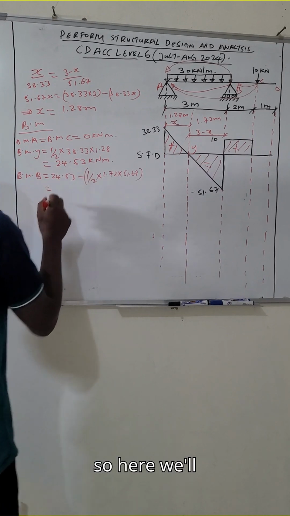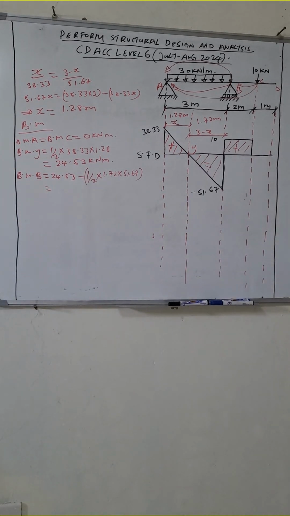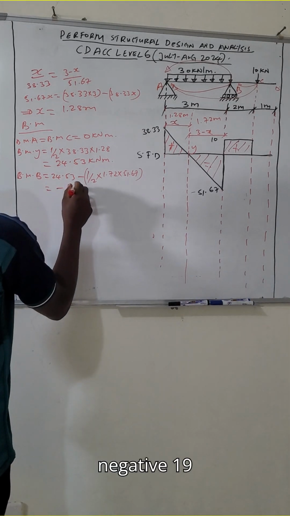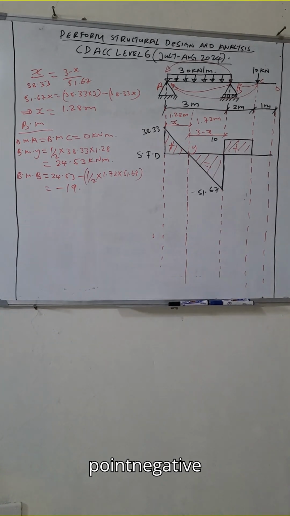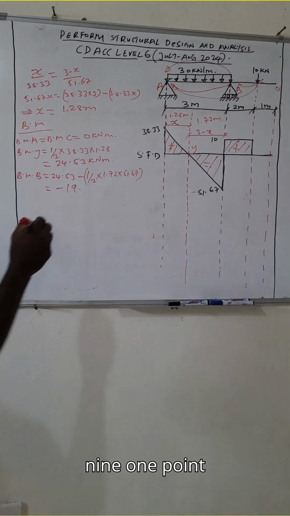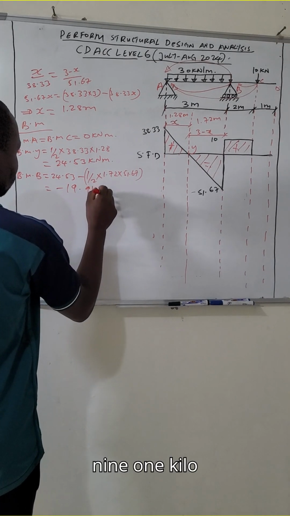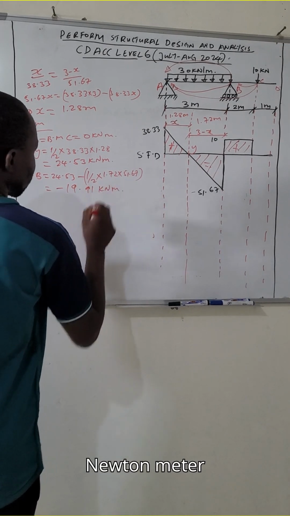So here you'll get negative 19.91 kilonewton meter.